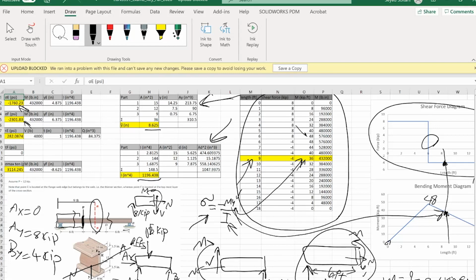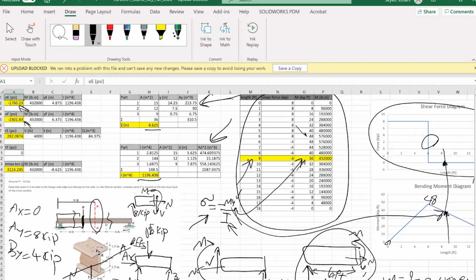So for example, in the case of bending stresses at points E and F, I used the value for the bending moment in pound-inches, not kip-feet. Why? Because my other values, such as y and I, are both in inches. And it would be easier for me to convert the bending moment into pound-inches, so that everything ends up with pounds per inch squared, which is the psi.